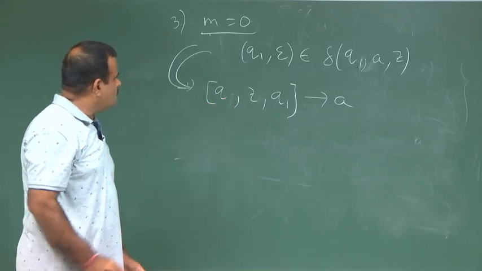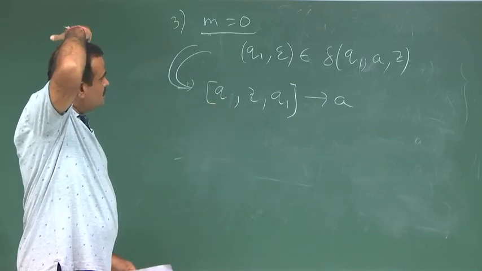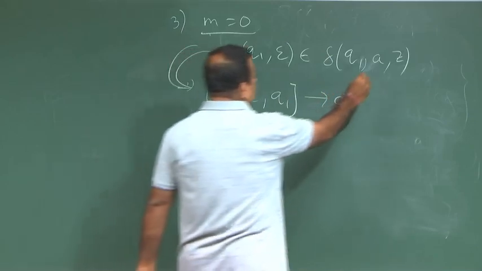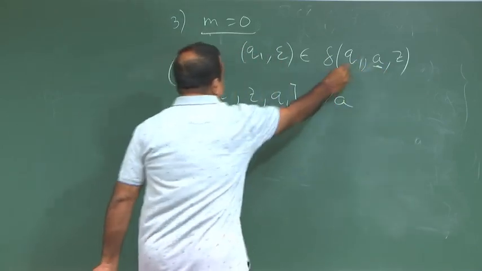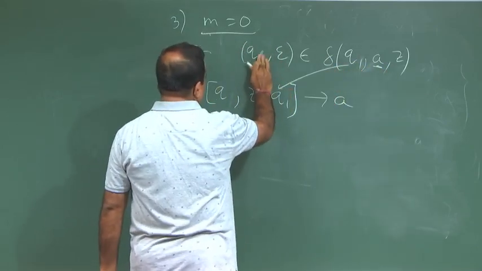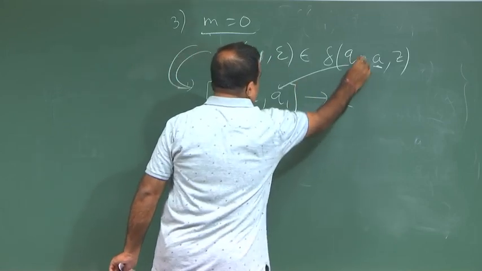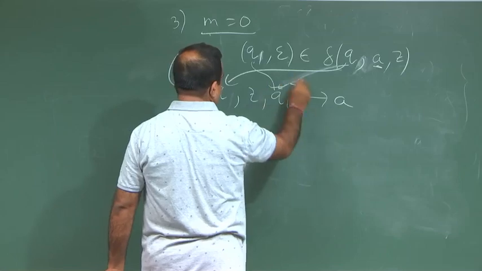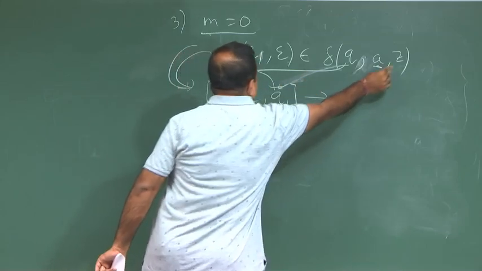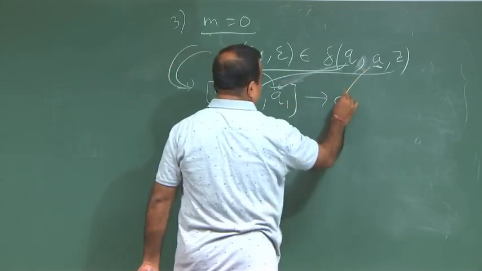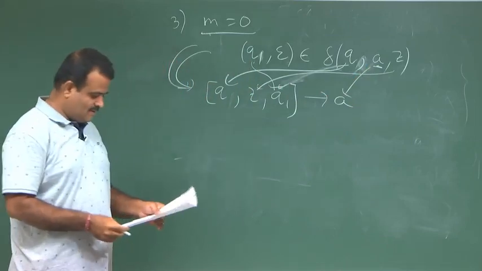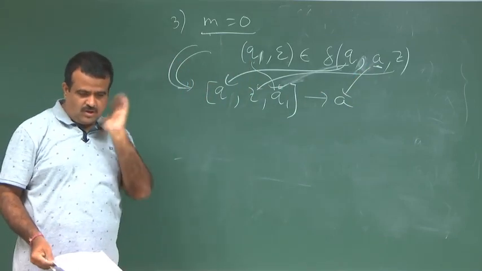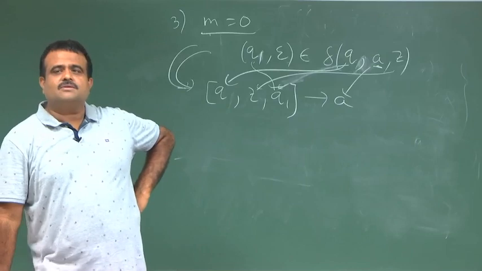So [q z q1] is going to a. This is q, this is q1 and this is z, this is our a. Okay, so this is the construction of the grammar.